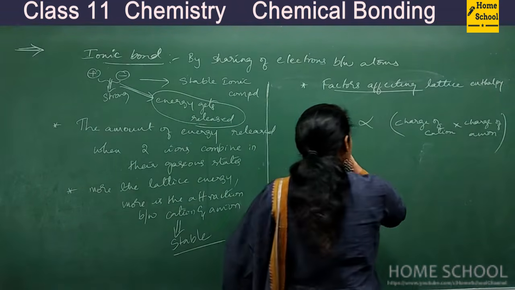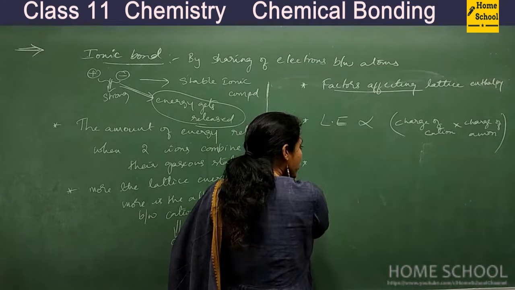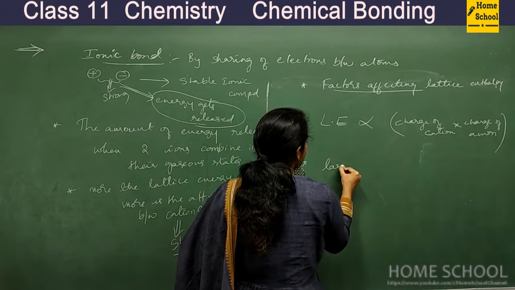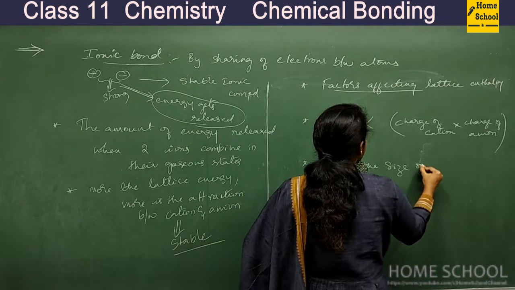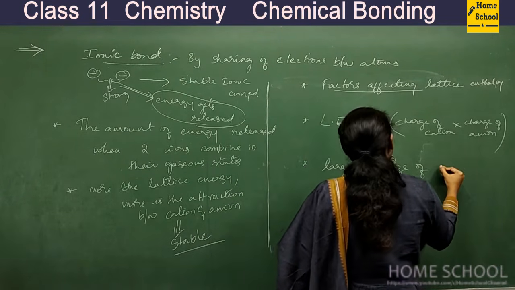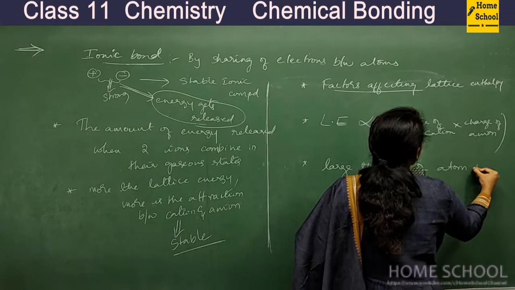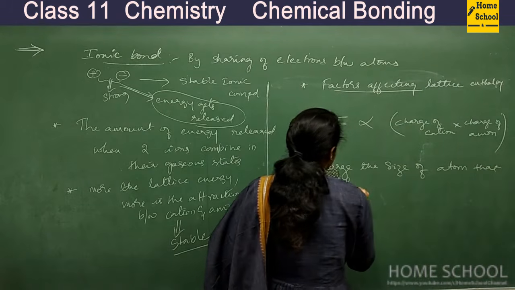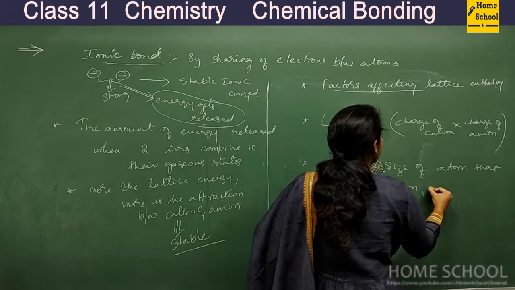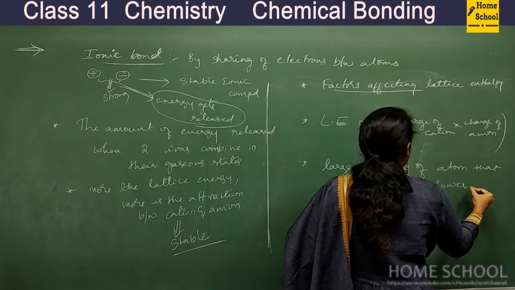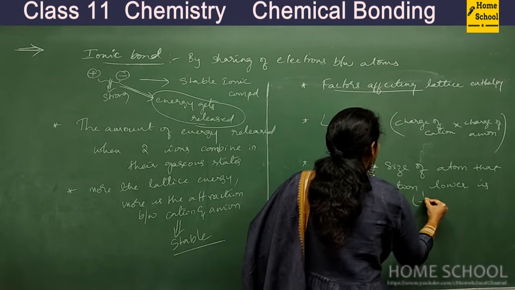Okay, and also one more point, try to remember guys, usually larger the size of the atom that forms cation, lower is the lattice enthalpy.